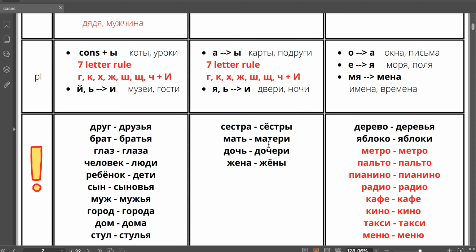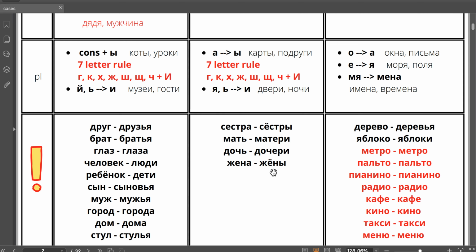Мать, матери. Next one is daughter, daughters. Дочь, дочери. And next is wife and wives. Жена, жены. The same story: а becomes ы, everything is correct, but we change the vowel in the middle. Perfect.